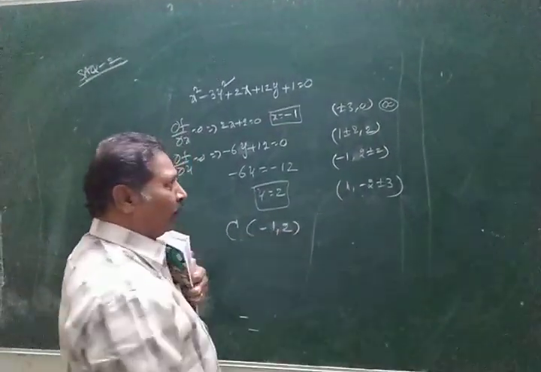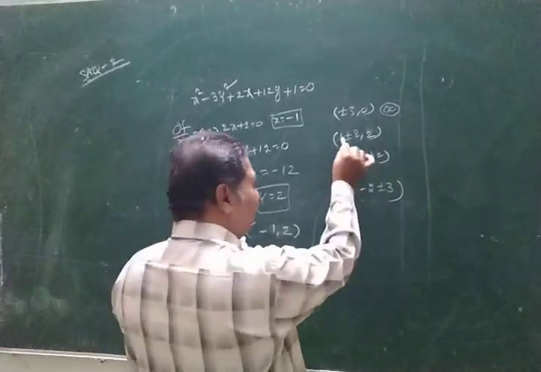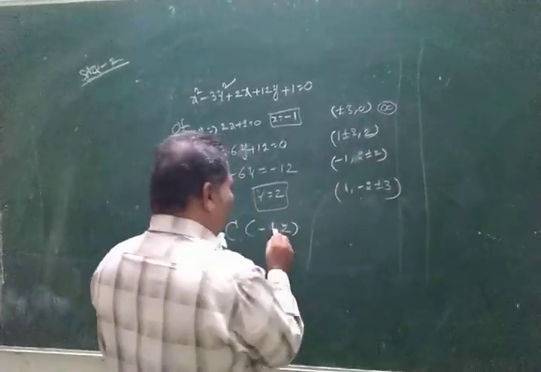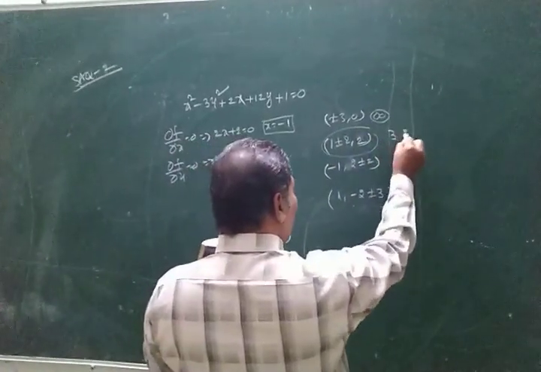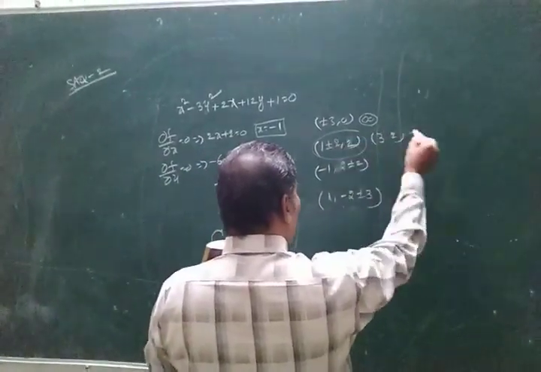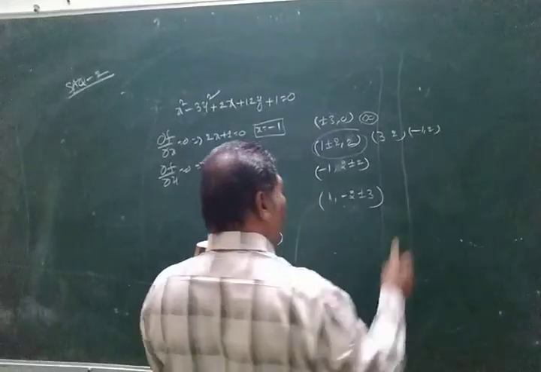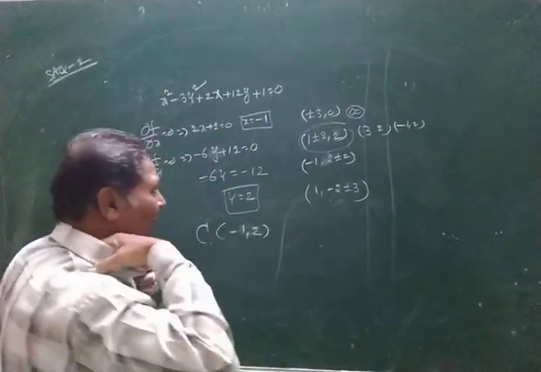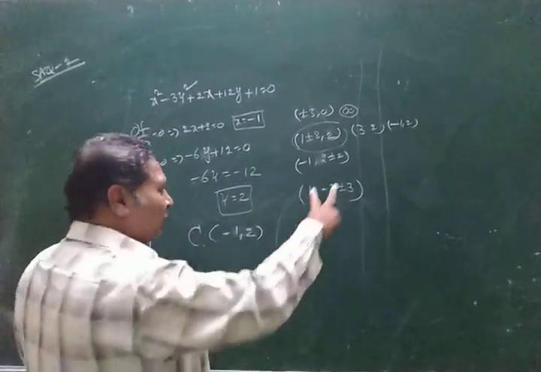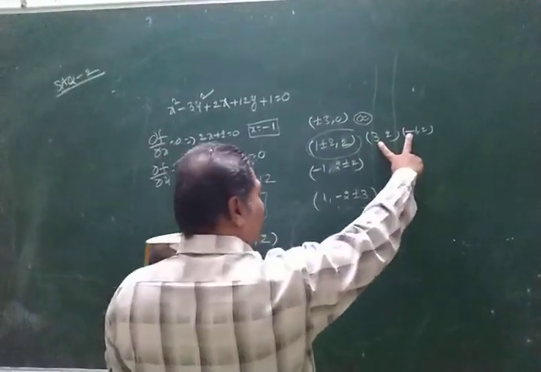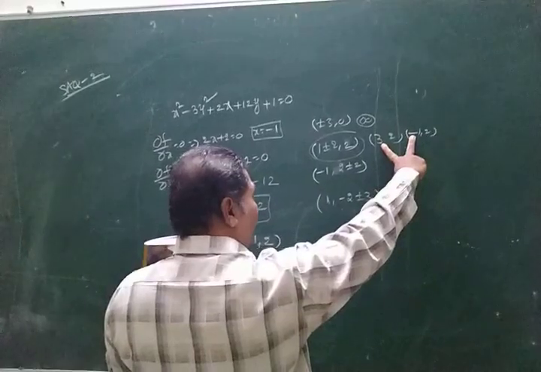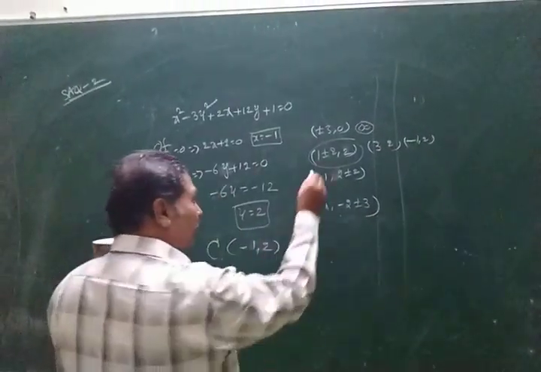This is not the answer. Next, these two are 3 2, minus 1 comma 2. What is the midpoint? 3 minus 1, 2 by 2 equal 1. 1 comma 2. So it is not the answer.